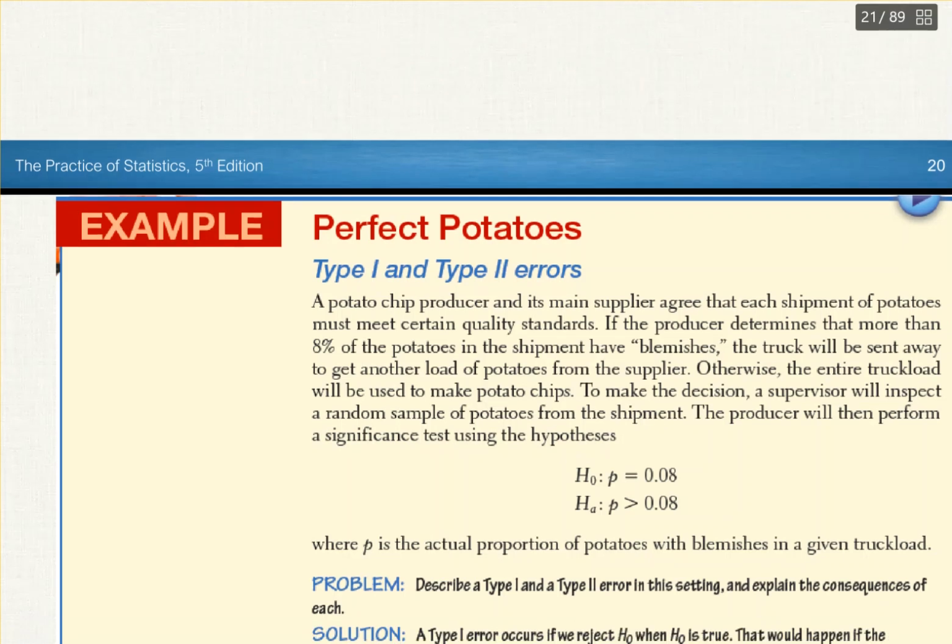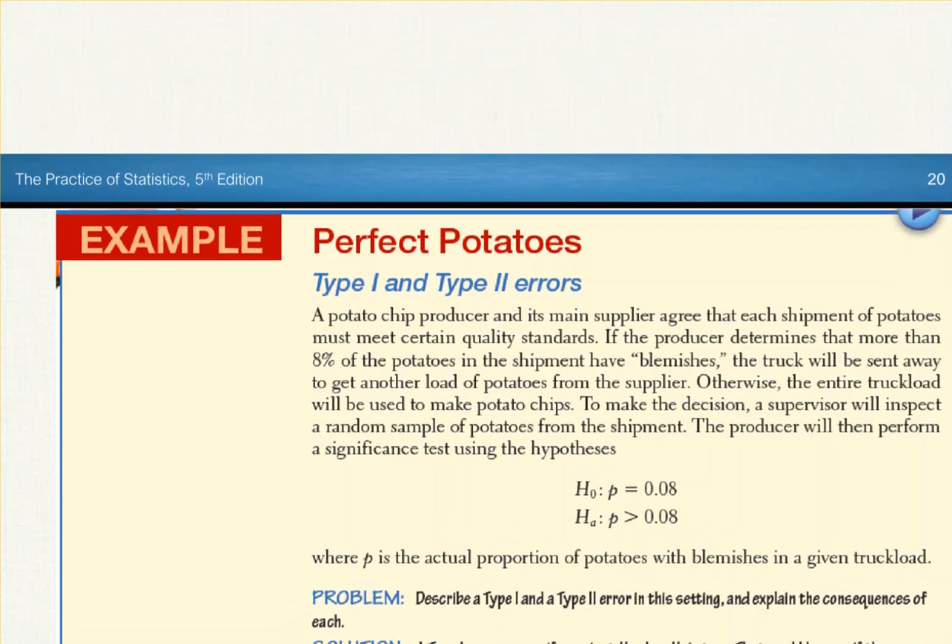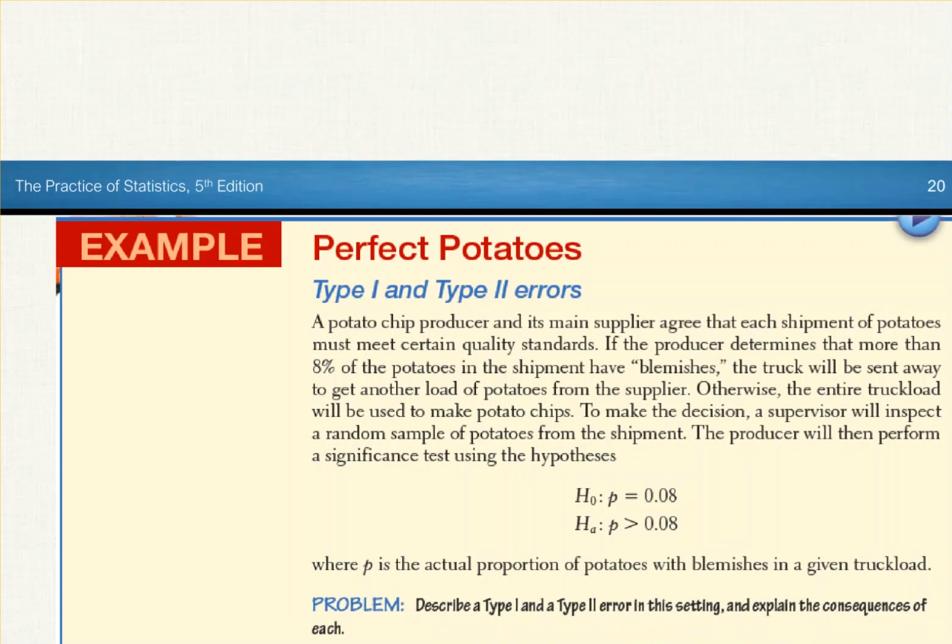So describe a type 1 and type 2 error in this setting. So remember, if we reject the null hypothesis when it's actually true. When we think about this, that would be the case where we say there's evidence that more than 8% of the potatoes have blemishes, but it turns out the actual proportion in the shipment is 8% or less.